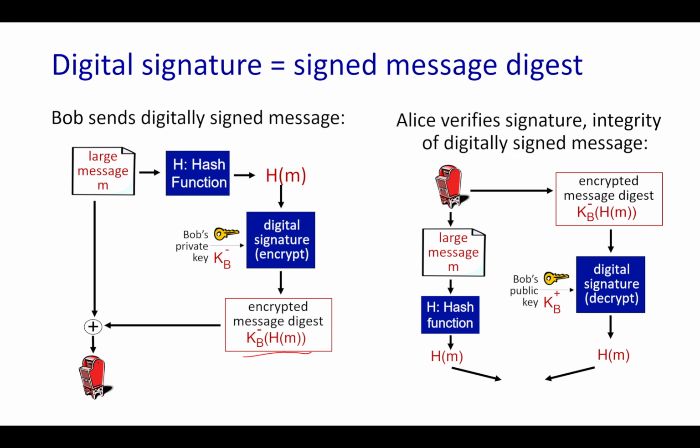So, and by these two elements, first, okay, the nice thing is it's small, but the second thing is that integrity is provided, meaning that we can detect modifications in the message.